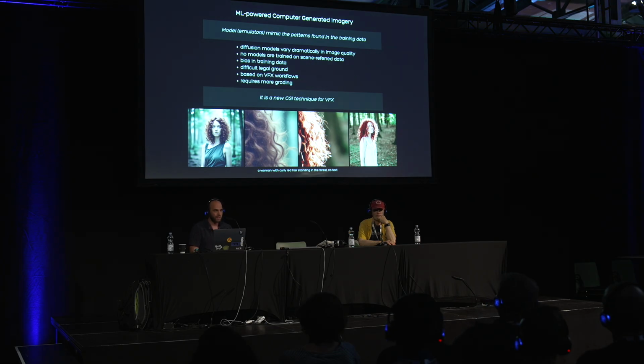Because the model was trained probably, I don't know exactly, but I think so, on JPEG compressed, DCT compressed images. So that machine learning algorithm concluded that with curly hair, what we actually want is DCT compression and block artifacts, because it only saw curly hair with block artifacts. So it cannot really distinguish what is curly hair and what are block artifacts, because it looks at the pattern in the data.